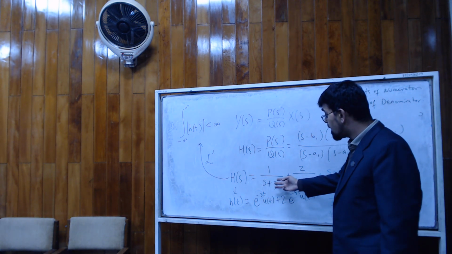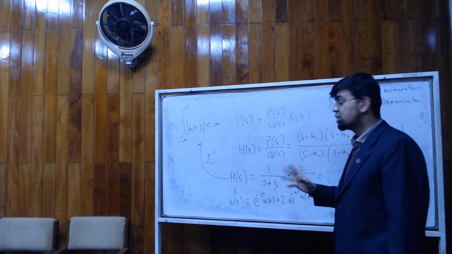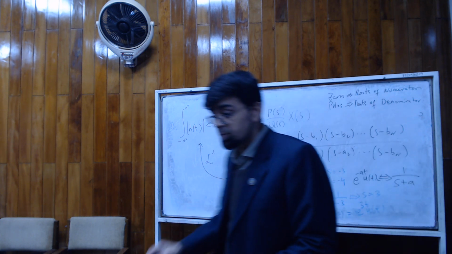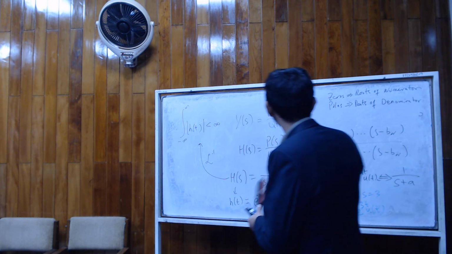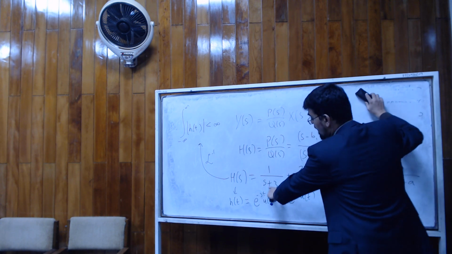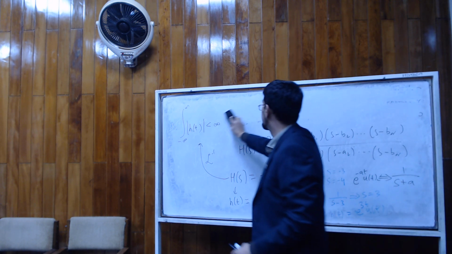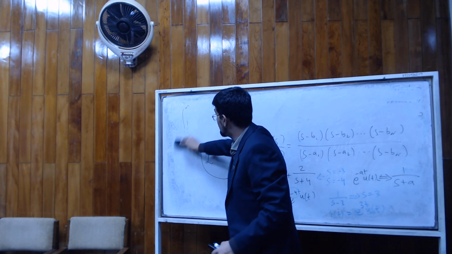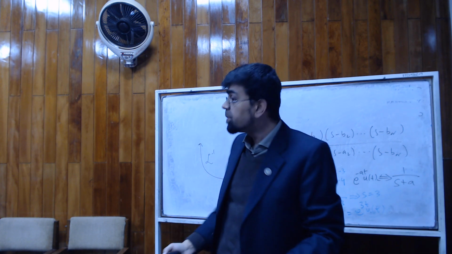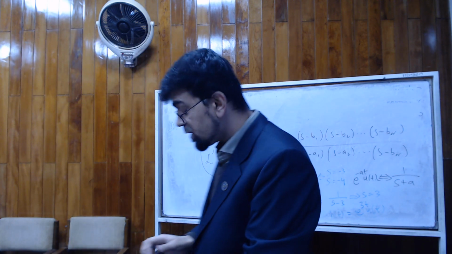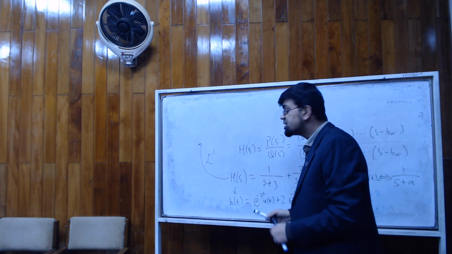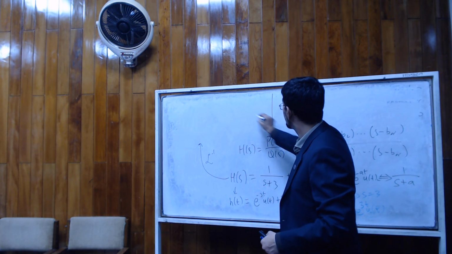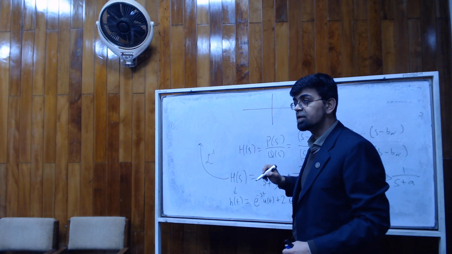So if the poles now, what is s, by the way? Remember, s is the Laplace transform variable. Any complex number, right? So in general s lies in the complex plane.